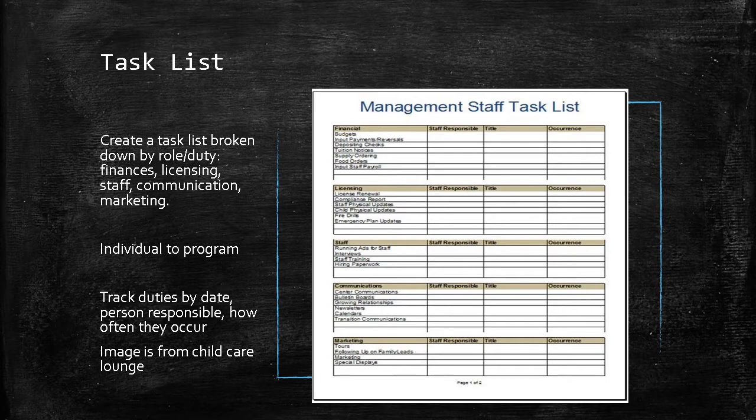Then it tracks duties by date, which I think is really great. So we all know when our DRDP are due generally, but there might also be other requirements that are time sensitive. So knowing when they need to be turned in, and then just generally as well, keeping on top of everything so that, if you are doing taxes, most likely you want to do them by quarter or something like that so that you're not sitting at the end of the year and having to wade through all of this information from an entire fiscal year.